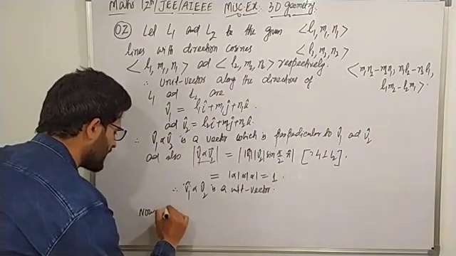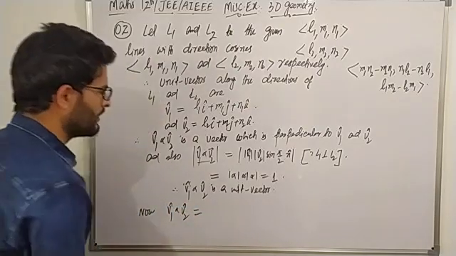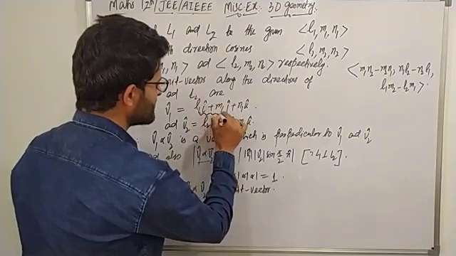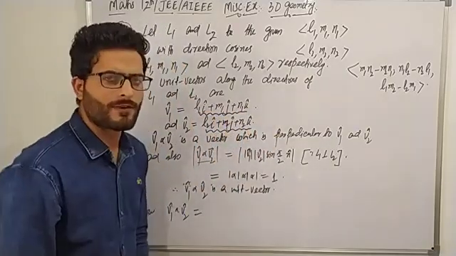we are now going to calculate v1 cap cross v2 cap, and that's equal. v1 cap is a vector expressed in terms of components. v2 cap is a vector again expressed in terms of components.